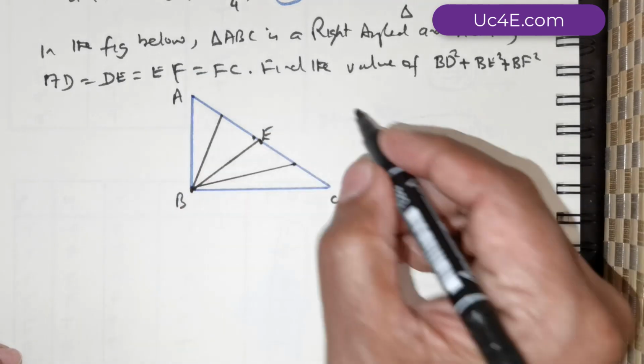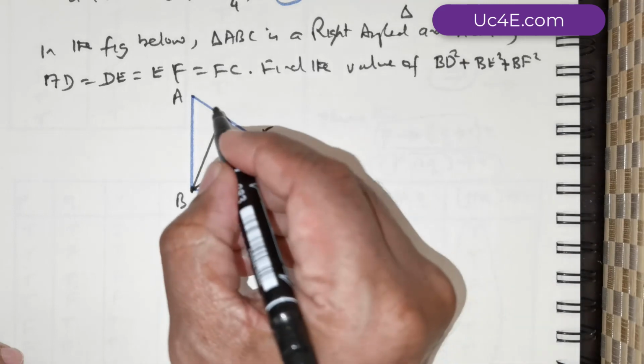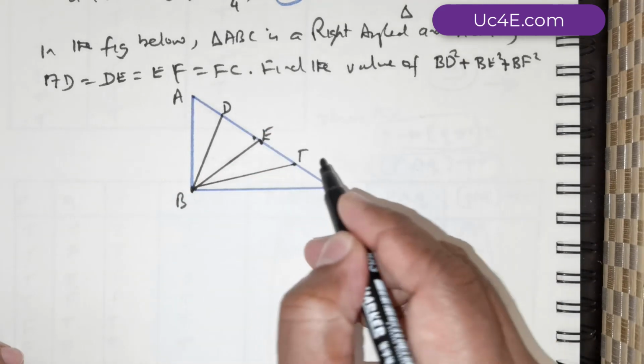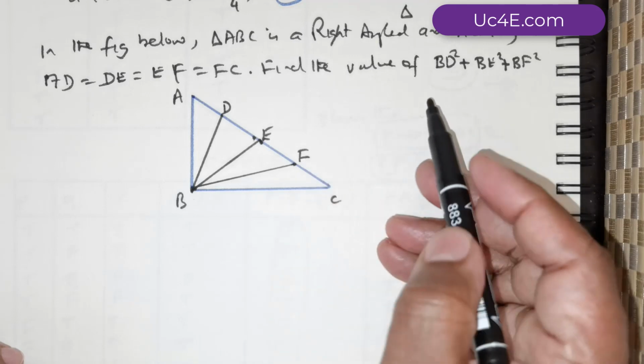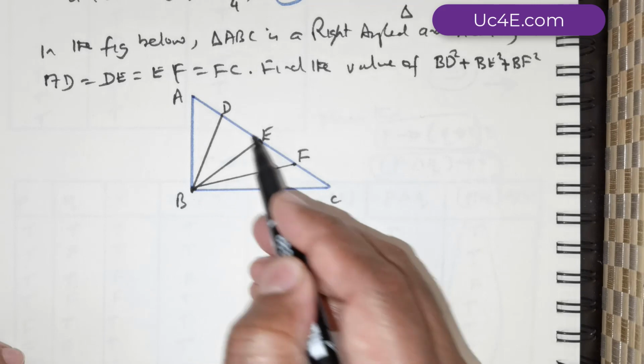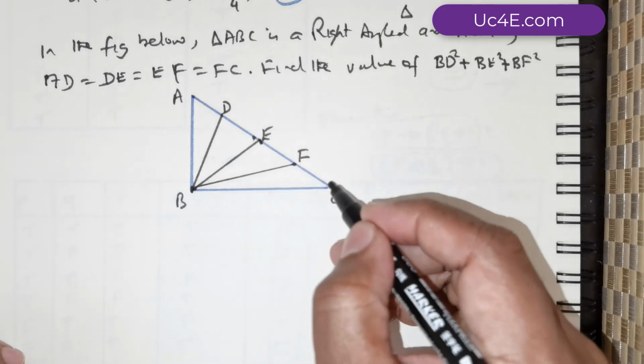And this AC is 100 units, so this is D, this is F, and we're given all of these are equal. AD is equal to DE is equal to EF is equal to FC.